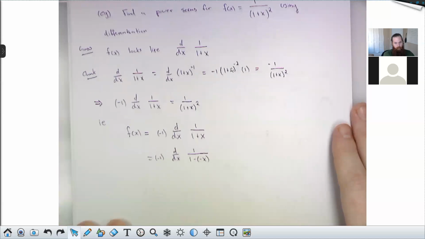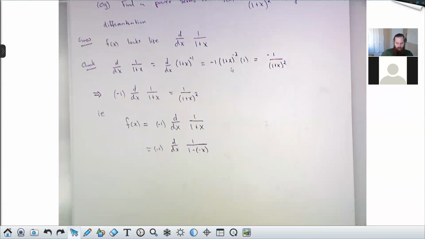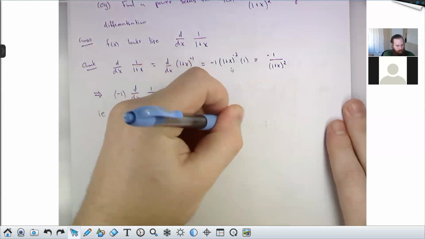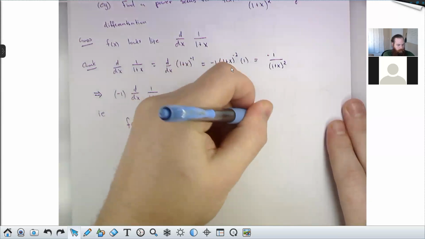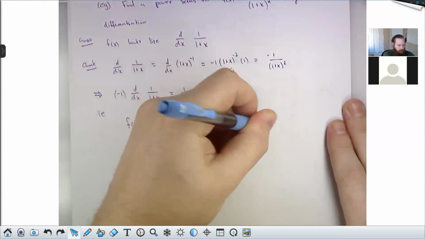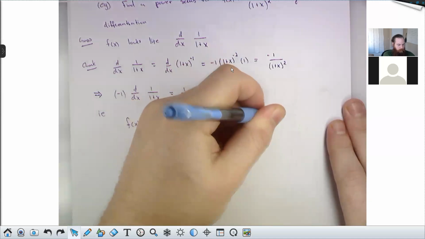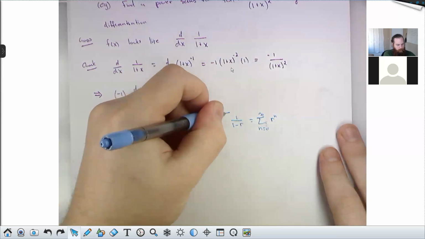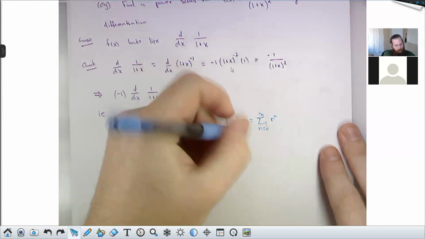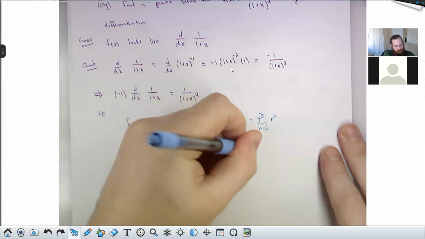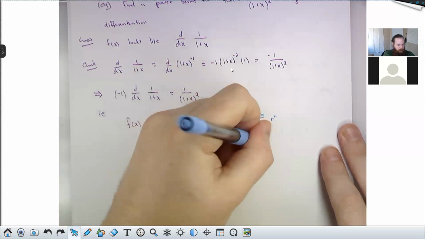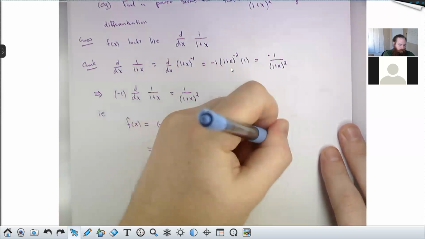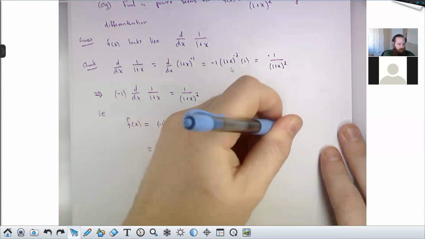And I'm thinking here of using my geometric series trick. 1 over 1 minus r is sigma n from 0 to infinity r to the n. So 1 over 1 minus negative x is sigma n from 0 to infinity negative x to the n.